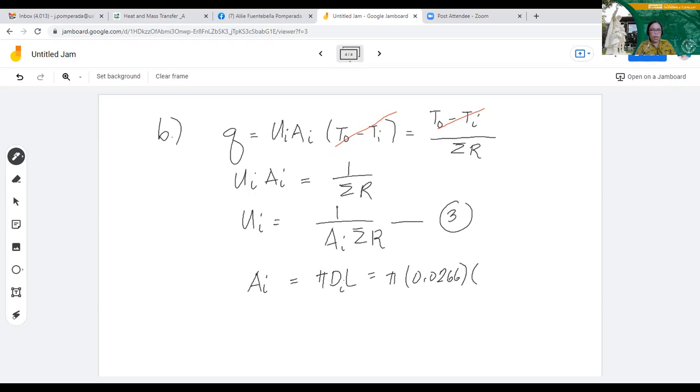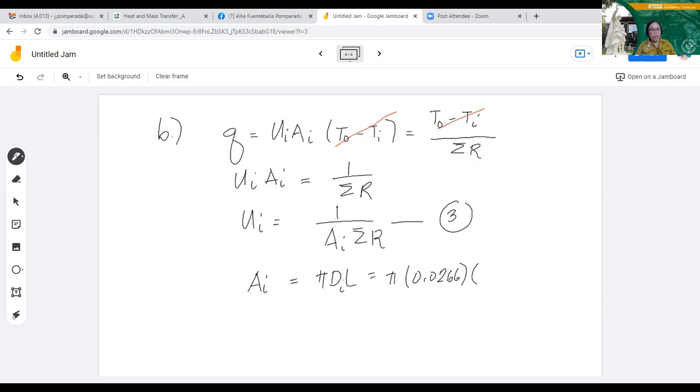And the length on which we're going to base the heat transfer rate would be the same length that we will be using here, because we'll be using the overall heat transfer coefficient later on in determining this Q. Or actually, we can also use the summation of resistances together with the driving force.